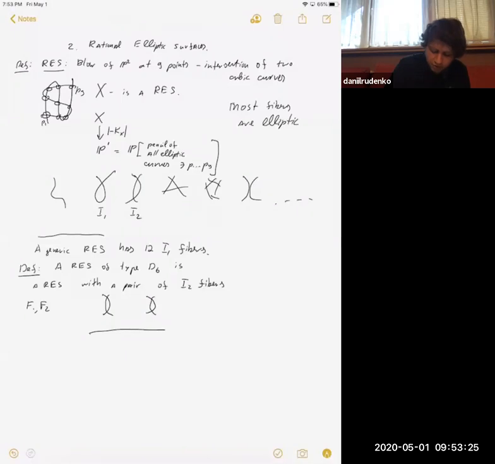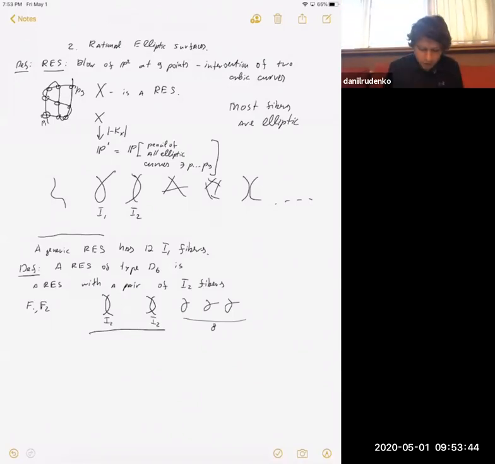There are 2 fibers which have type I2. And actually, there are 8 more nodal fibers, but they can degenerate arbitrarily, I don't mind that. But most importantly, the two fibers of I2 type are fixed, and they are not degenerated in any way. So the moduli space of such surfaces has dimension 6.